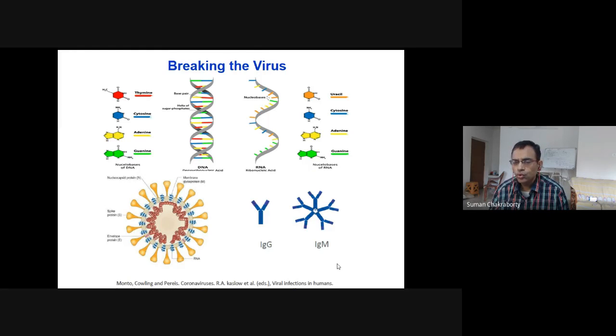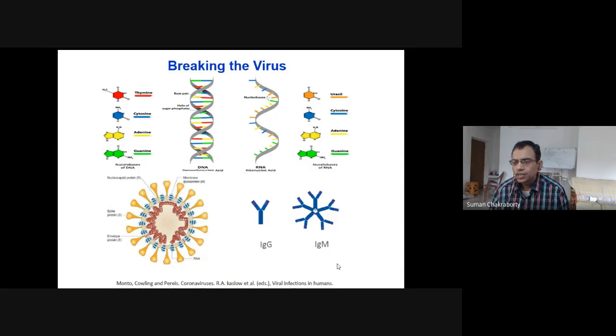If you look at the structure of the virus, you have the inner core where this genetic material is there, and the outer periphery where different types of proteins are there.